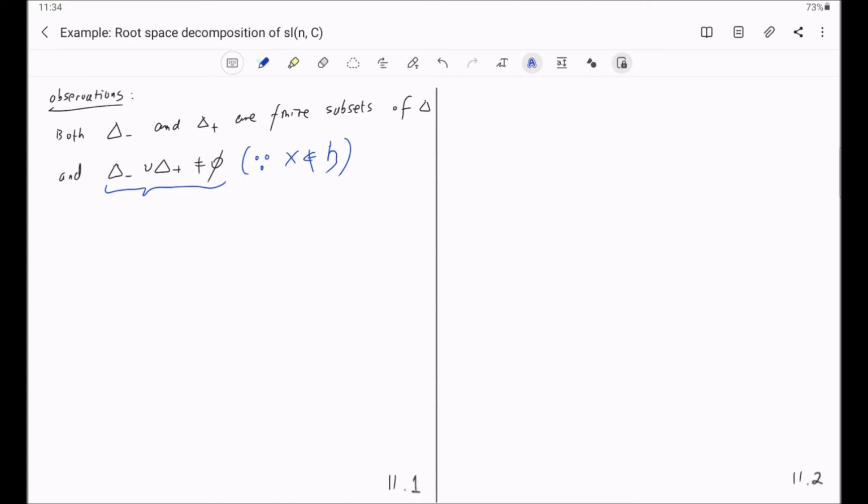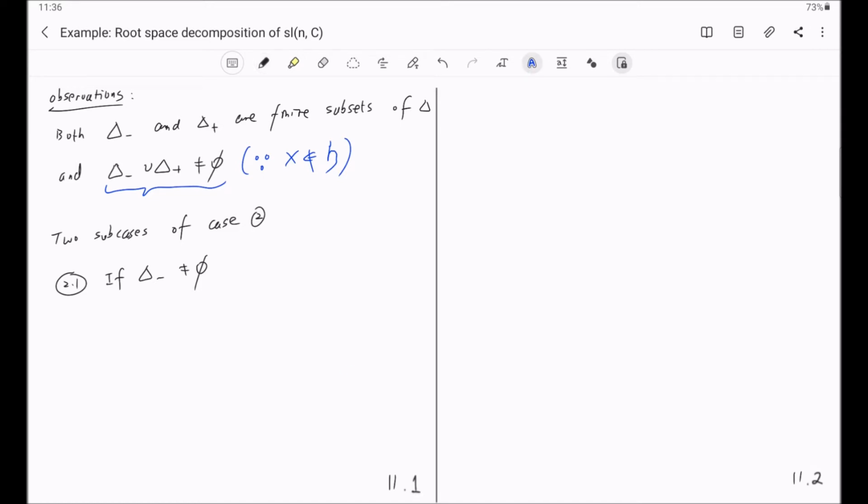So let me write this down. There will be two subcases of the case number 2. Subcase 2.1, if delta negative is non-empty.